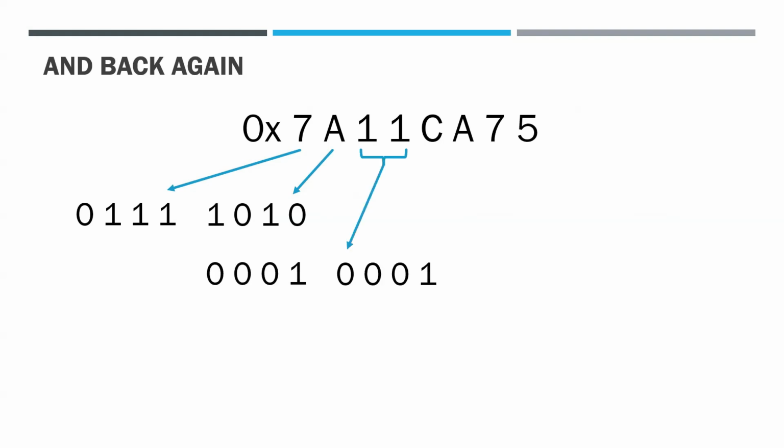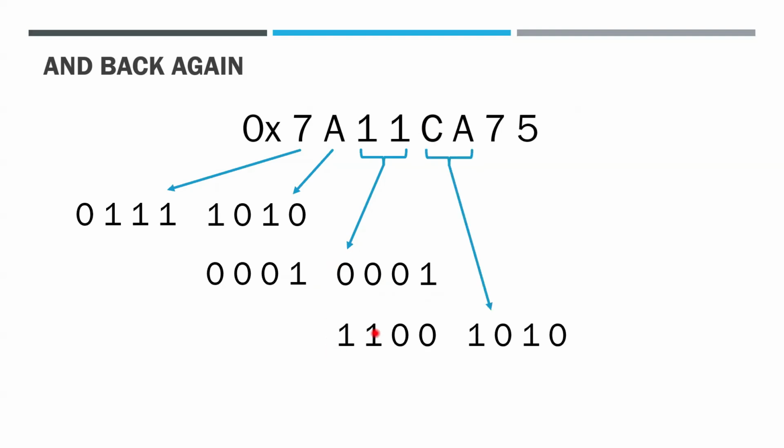And we can keep going. Hey, 1 is just 1, right? So 0, 0, 0, 1, 0, 0, 0, 1. Okay, those are the two ones. Then we've got C. Let's see, A is 10, B is 11, C is 12, right? So 12 and 10.